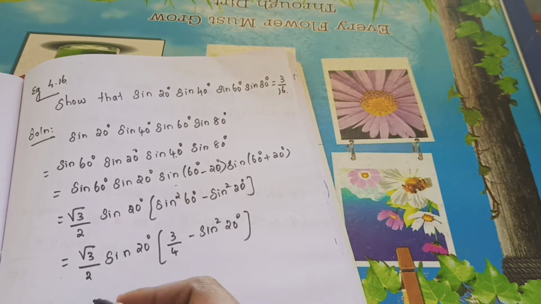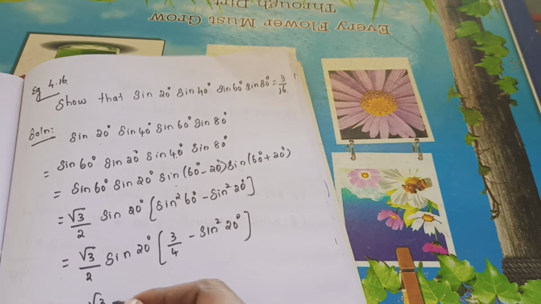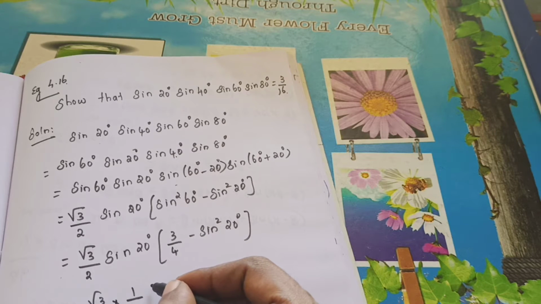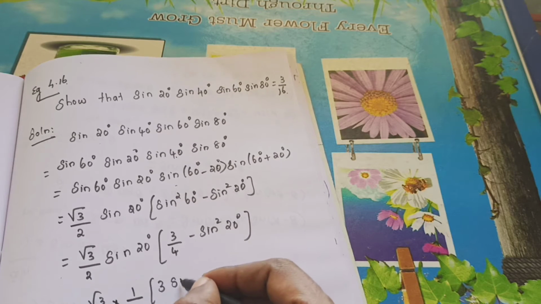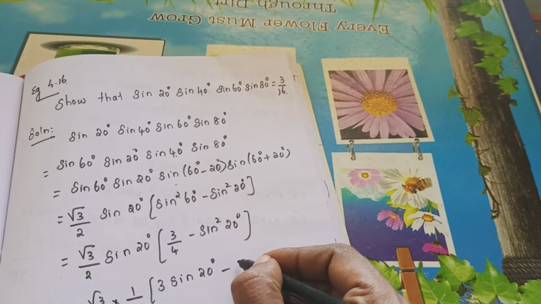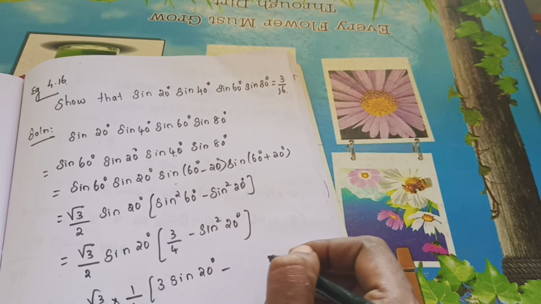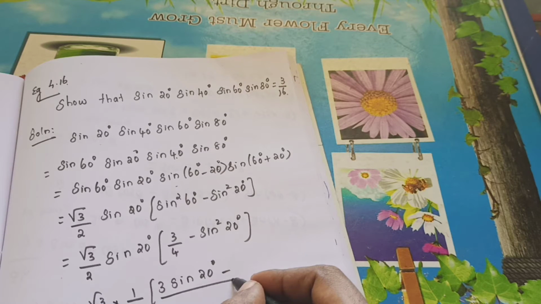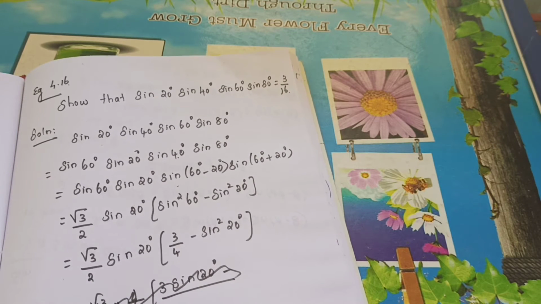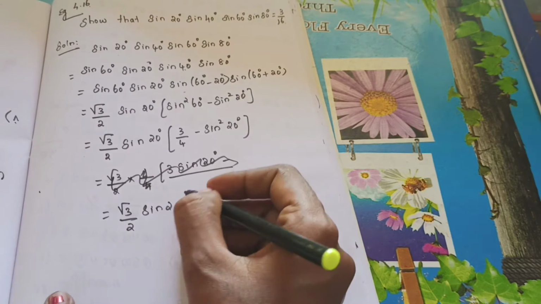So bring this 4 outside. So root 3 by 2 into 1 by 4 I took outside. So multiply sine 20 with the inside. So what will happen? 3 sine 20 degree minus, otherwise take the LCM first. So divided by, first you take the LCM, afterwards you can bring it outside. Okay. So that's equal to root 3 by 2 sine 20 degree.